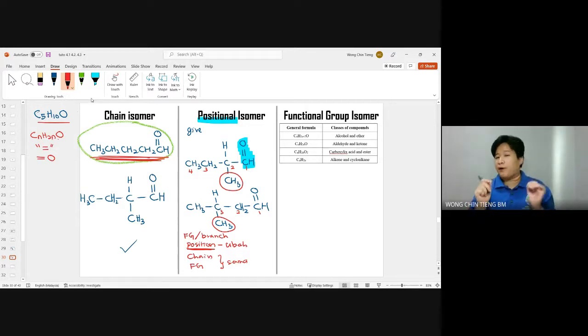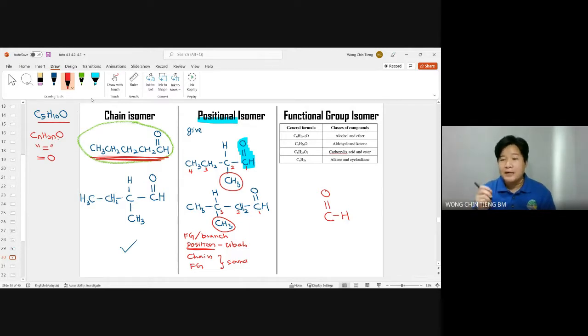The only problem arise in positional isomer for aldehyde. The only problem in here is your C double bond O tak boleh ubah tempat. That is the problem. Betul? Siapa yang mula dengan keton dia senang. Keton dia boleh ubah tempat. Dia boleh duduk carbon nombor 2, dia boleh duduk carbon nombor 3. Betul? Sebab tu ramai akan buat dengan keton.